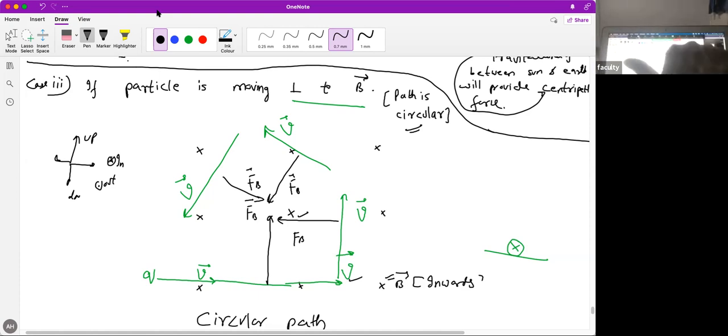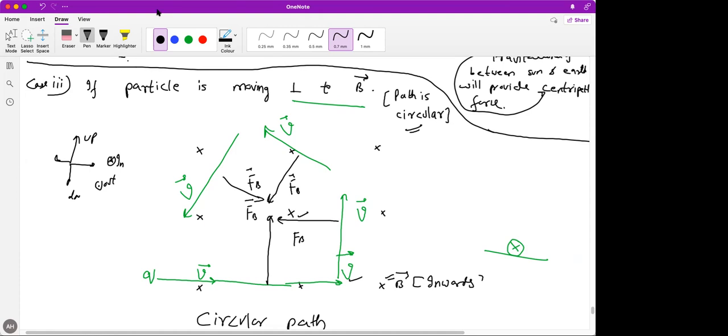When you curl it inwards, the thumb is going leftwards. Similarly here, just place your fingers in the direction of velocity, again curl it inwards. This is the thumb. Any doubt in this particular case?